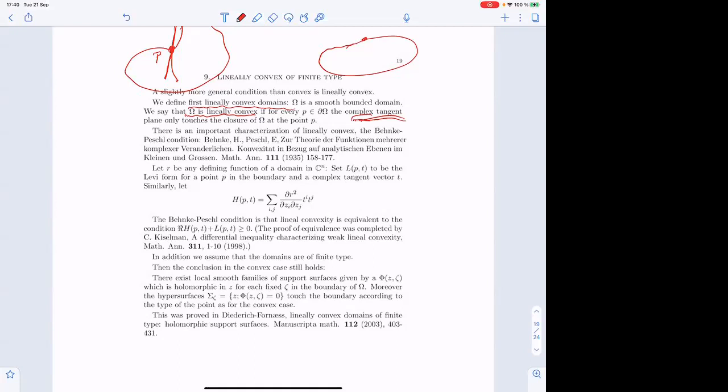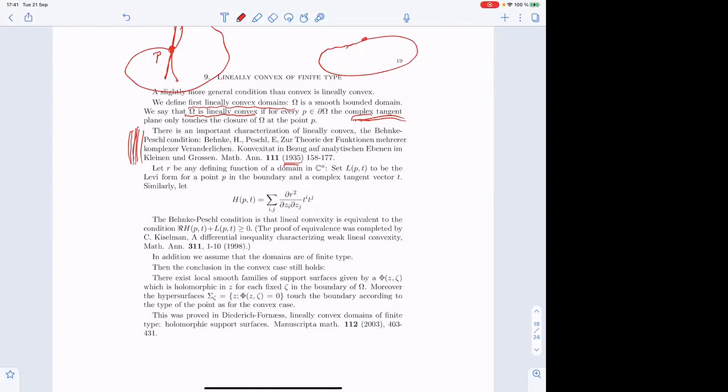There is a characterization of linear convexity, which is more like a technical condition. I'll mention it since it's very crucial. By Bianchi and Peschel already in 1935.